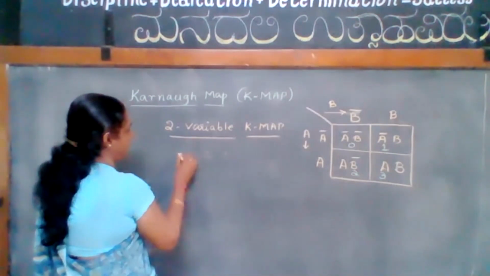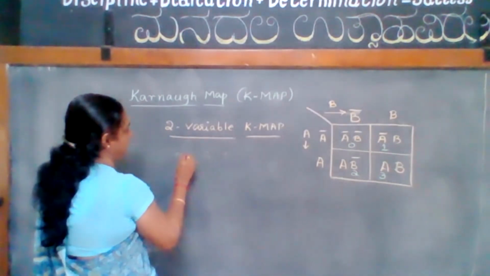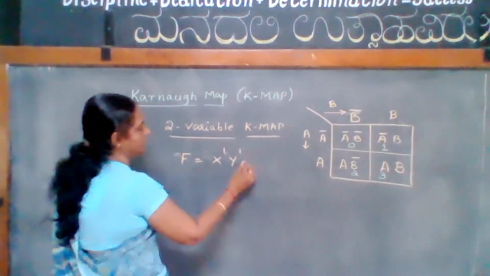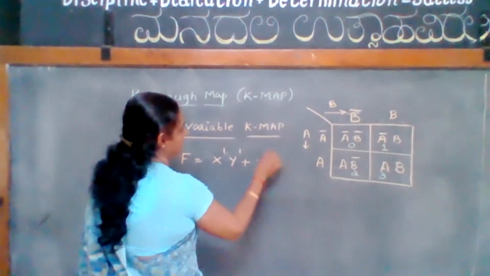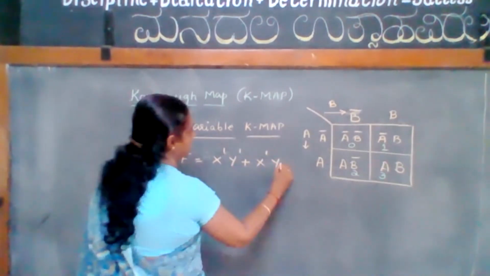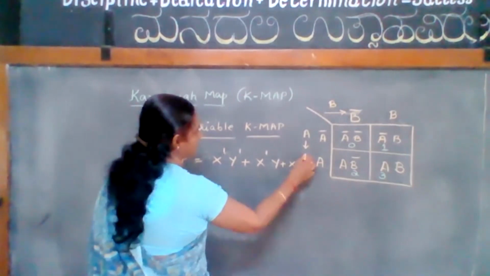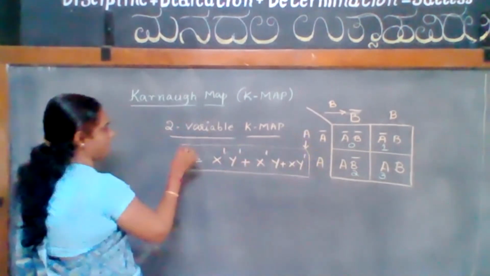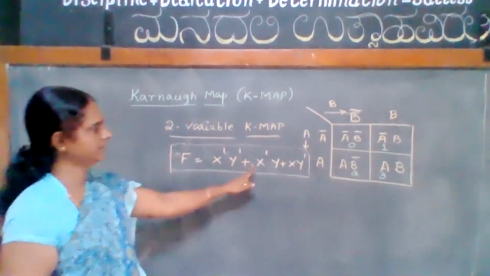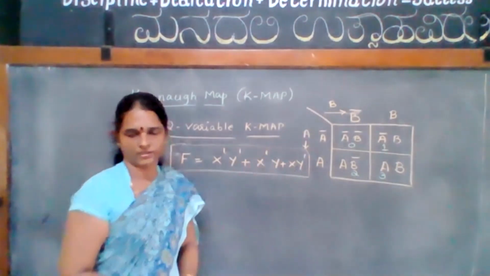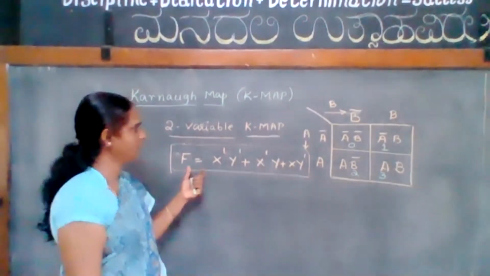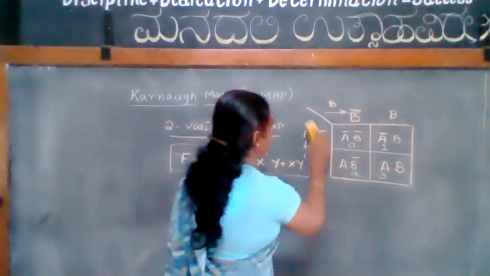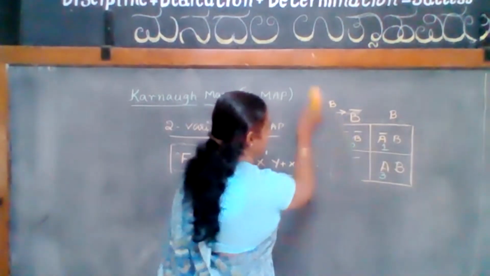Let us say f is equal to x dash y dash plus x dash y plus x y dash. This is our example. Now instead of A and B, we have x and y as the variables. So let us write the K-map for this.